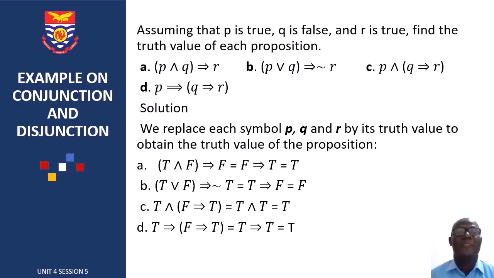Conjunction and disjunction. Assuming that P is true, Q is false, and R is true, find the truth value of each proposition.